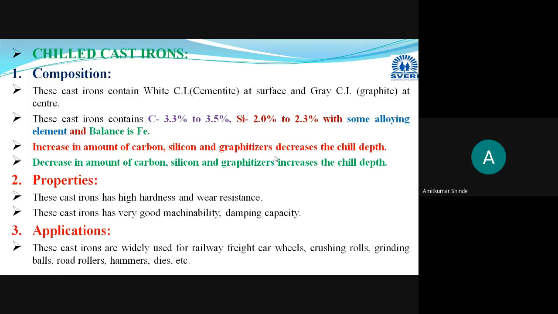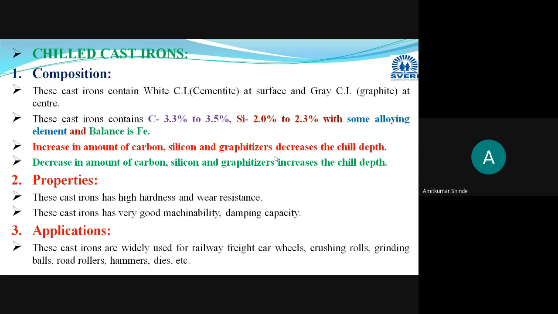This chill depth is controlled by certain elements. If there is a change in the carbon, silicon, or certain other alloying elements which act as graphitizers, the chill depth will change. Whenever you increase the carbon amount, silicon amount, or graphitizer amount, a decrease in the chill depth will occur, because it tries to improve the graphite amount only.